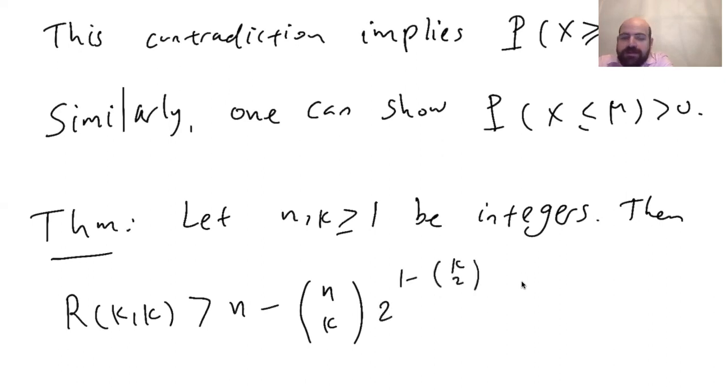Okay, so this expression is probably familiar to you. This is the expression that appeared in the condition of the previous theorem. Now it's appeared in the statement. Now the advantage is that it's no longer in the condition, so we're allowed to use this theorem for any values of n and k.